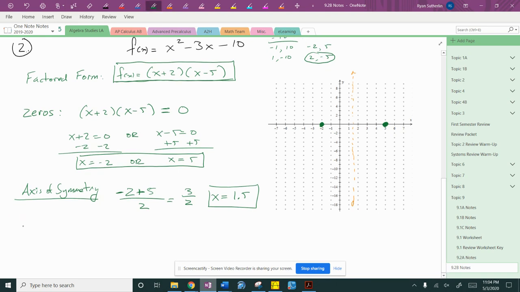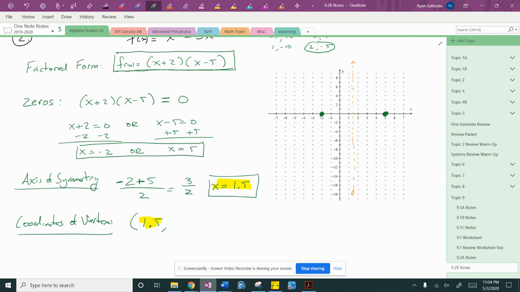And finally, we want to find the coordinates of our vertex. The first part of our vertex has to be 1.5, because whatever the axis of symmetry is goes here. Now to find the y-coordinate, I'm going to use the factored form again. I'm going to find f of 1.5. So I have (1.5 plus 2) times (1.5 minus 5).